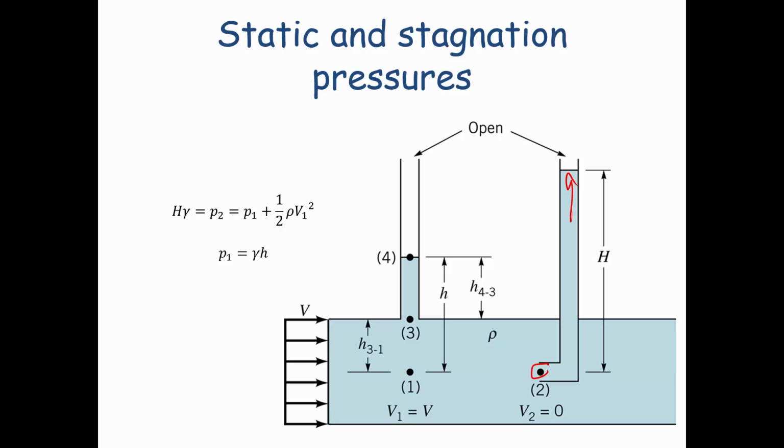That height, capital H, is related to both the static pressure and the stagnation pressure. This right here is the static pressure, and then of course the difference between capital H and P1 is just the stagnation pressure.